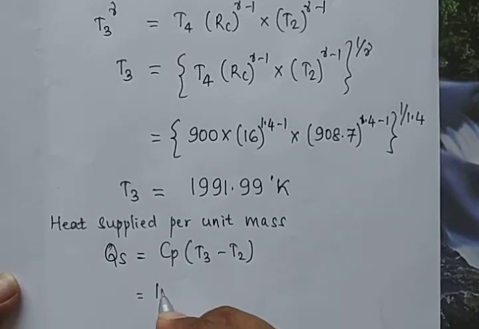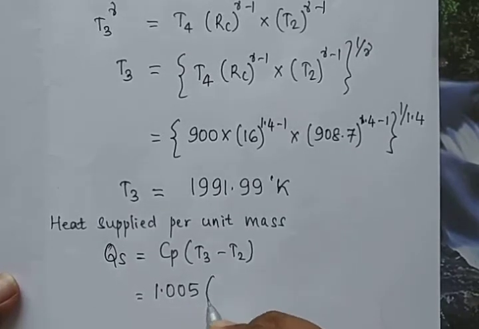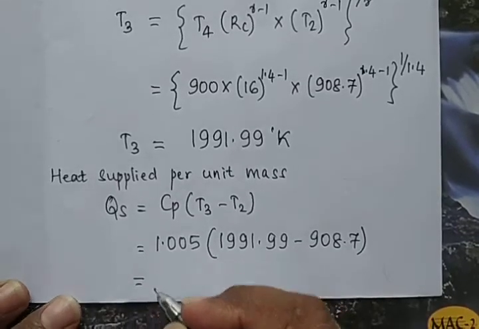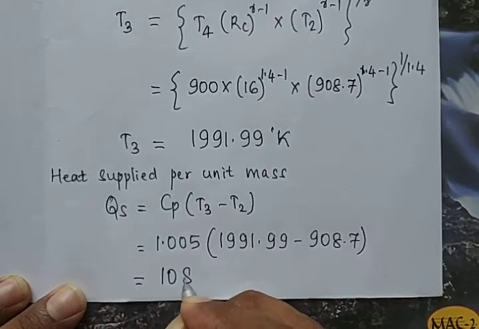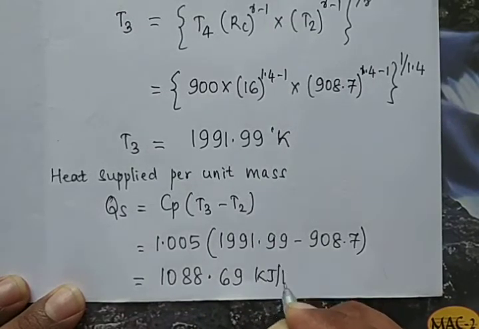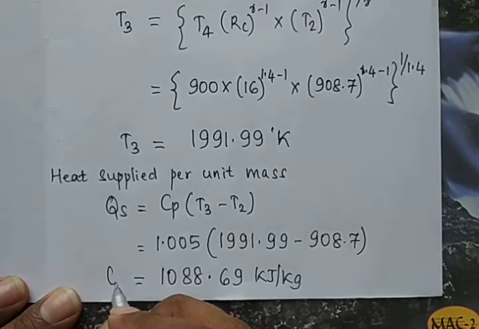So Cp value you know, it is 1.005, T3 we have found out just now, it is 191.99 minus T2, that is 108.7. So which fetches me the answer as 1088.69 kilojoules per kg. So this is heat added.